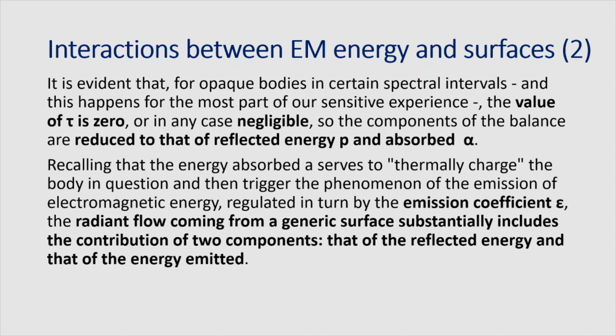So having only two coefficients, it is quite easy to understand the interaction. While if we have three coefficients, in the rare case on the Earth's surface of the presence of the tau coefficient, the transmission coefficient, especially for water, as we will see, it is very hard to understand which one of the three different behaviors is prevailing in our image.